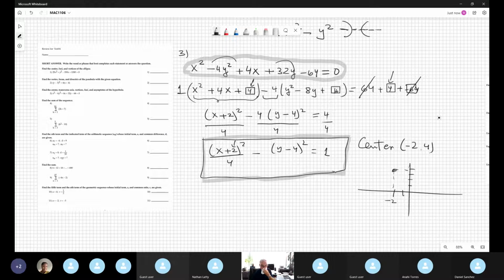I know that the hyperbola opens like that. But what is the distance? This is the center, and the distance here is a. Okay, and a, well, I know that a squared is 4. Remember, in the hyperbola, a is not necessarily the bigger. No, a is the one associated with the positive part.